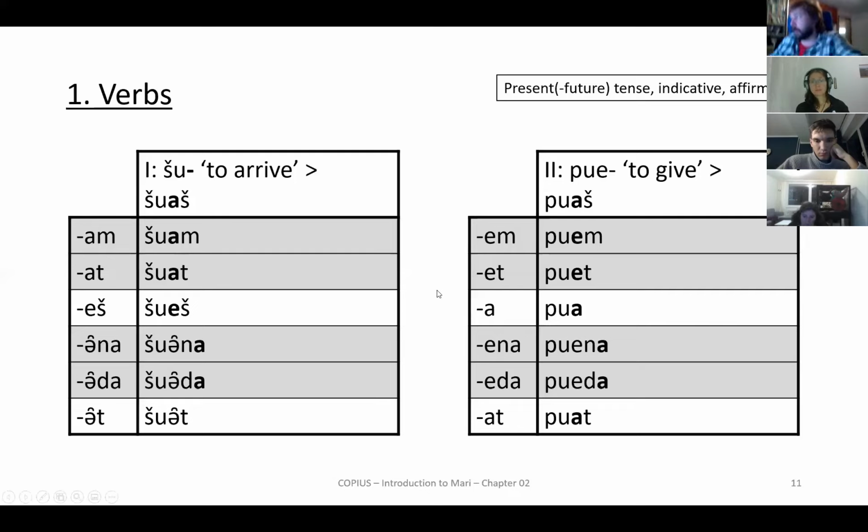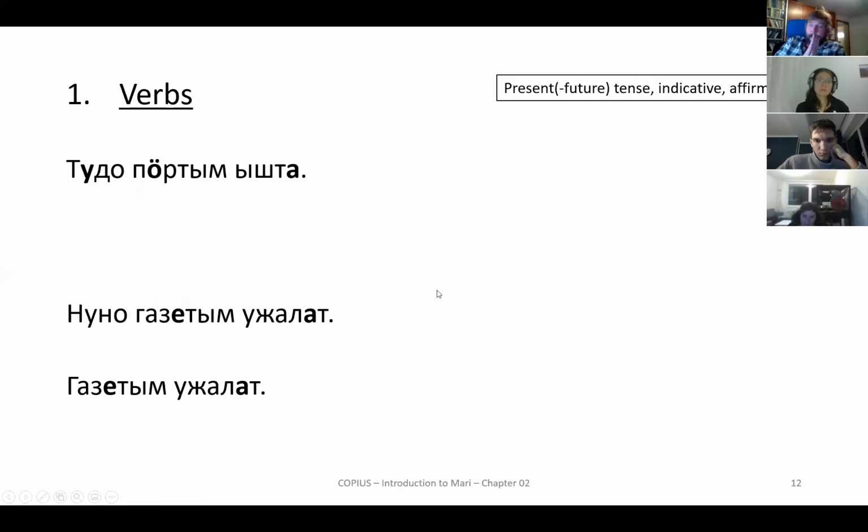Okay, so I wanted to just quickly look at the present future tense, what verbs that occur in this tense, if we want to translate them into English, for example, how we would do this. If I have, for example, tudo pertamesta, she, he, they are building a house or making a house.